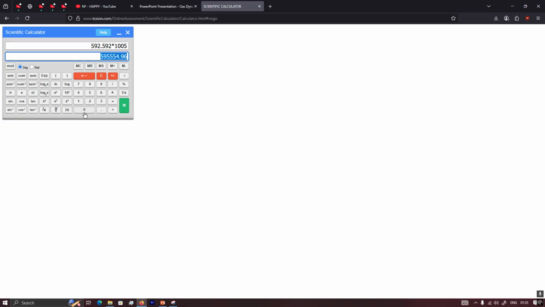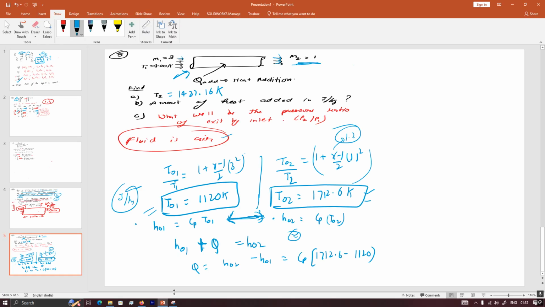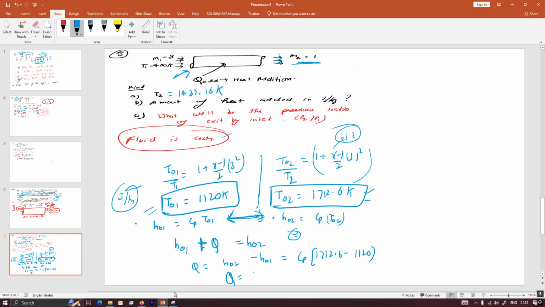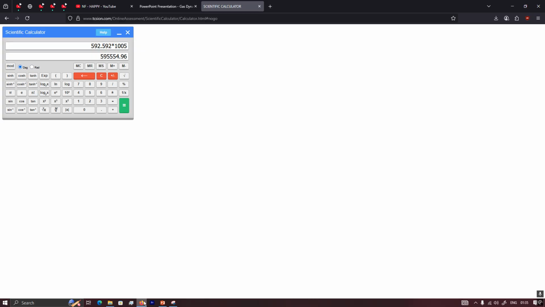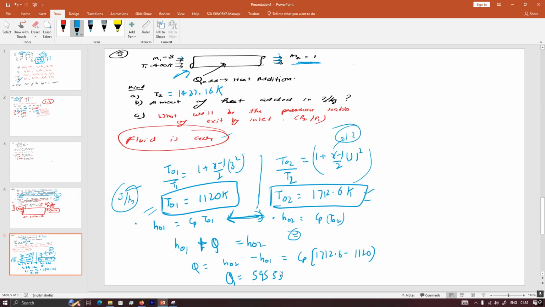So this is your heat added to the system. It is equal to 595,554.96 joule per kg. If the question has asked it in kilojoules, you should have divided it by thousand.